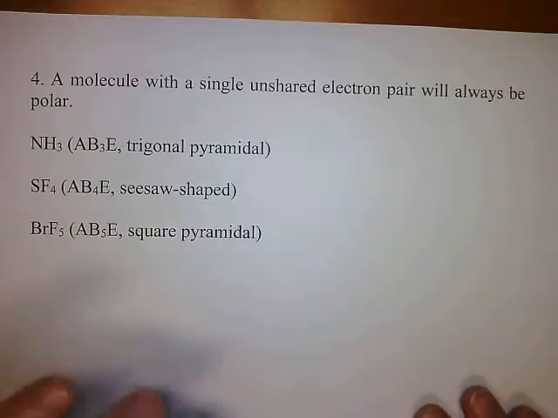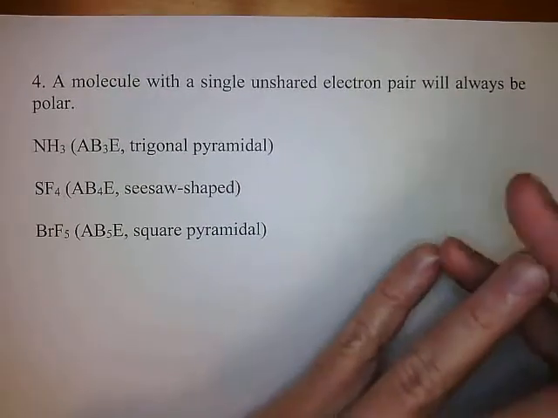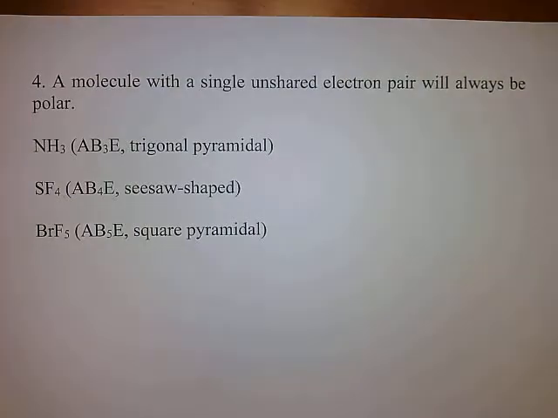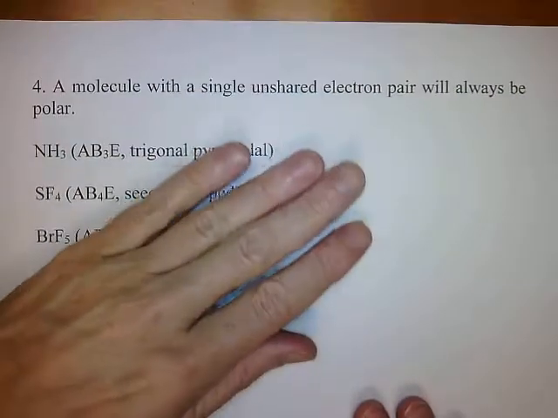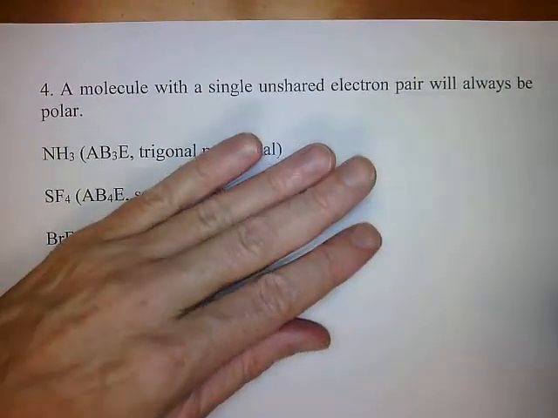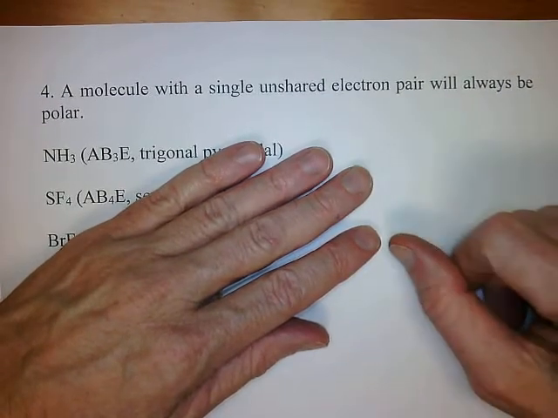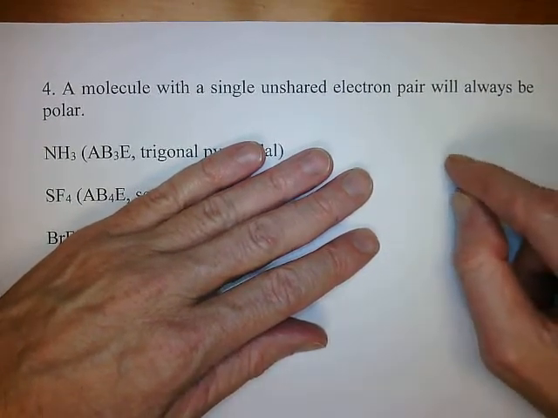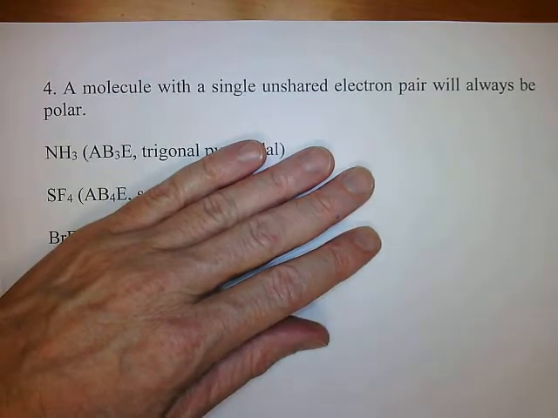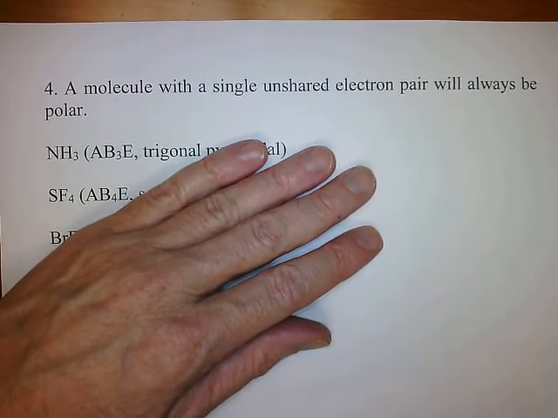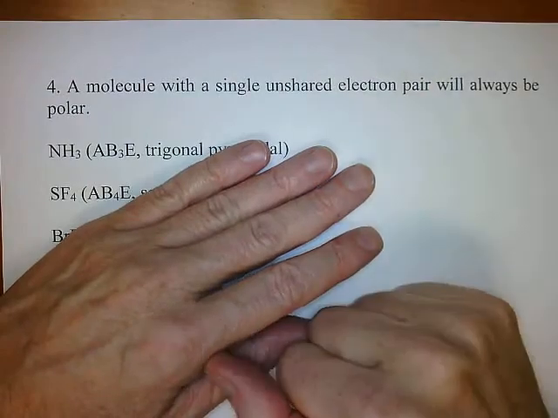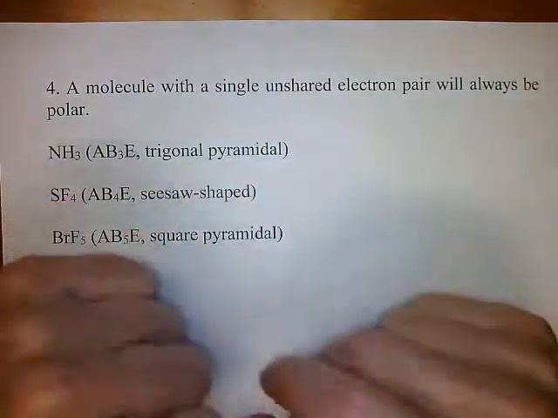Now, a molecule with a single unshared electron pair will always be polar. Now think about why that is. Because there's nothing to balance it out. There's no way for a molecule with one unshared electron pair to be balanced. If you had two or more, maybe. Depends on how they're arranged.